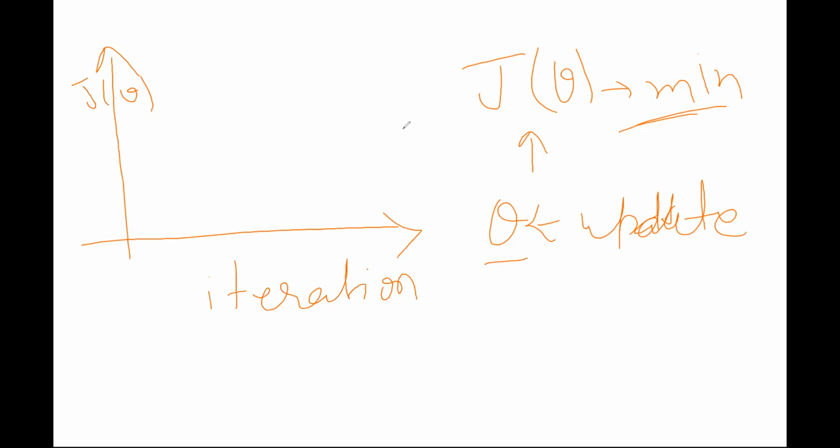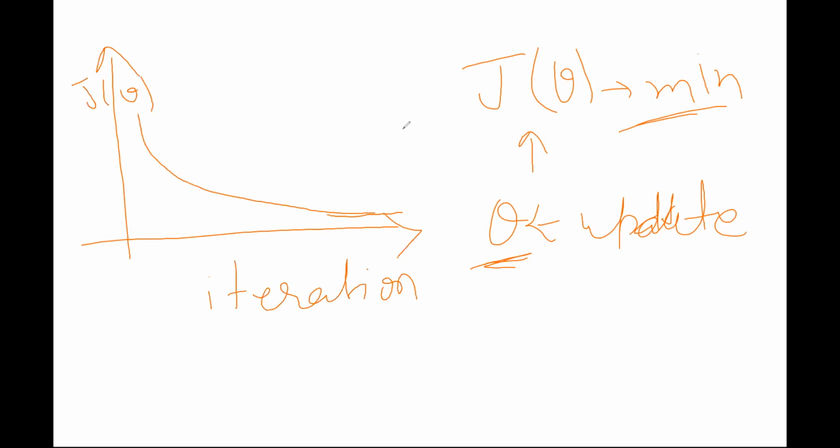Okay, yeah. So the number of iterations is how many times we are updating theta to get the minimum J value. In general, you will get some plot like this, and this is actually the correct plot which we want. In the start, we will start with a random value of theta. At that point, we will have a higher cost value.